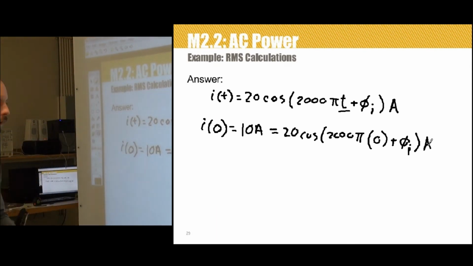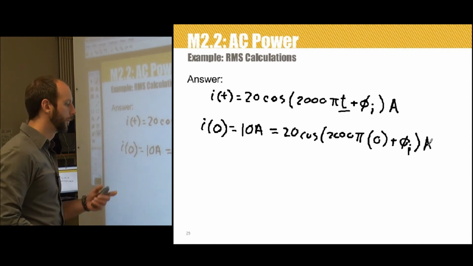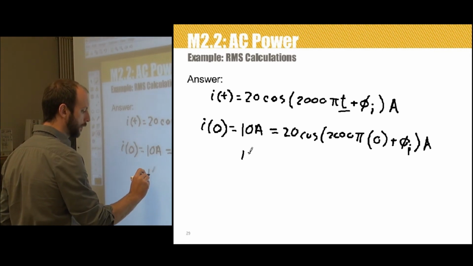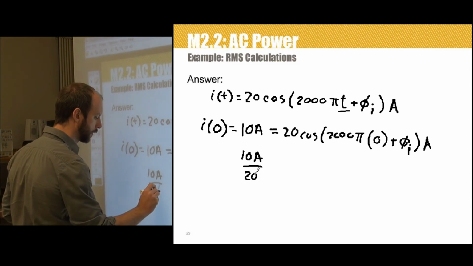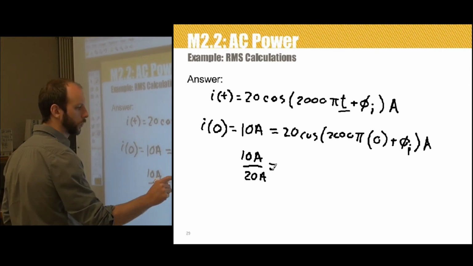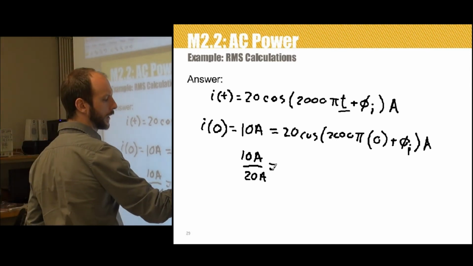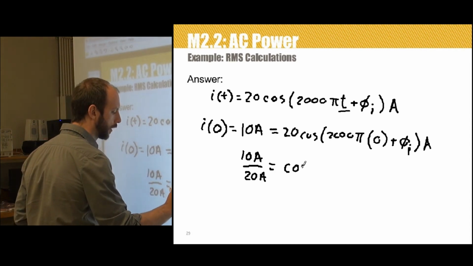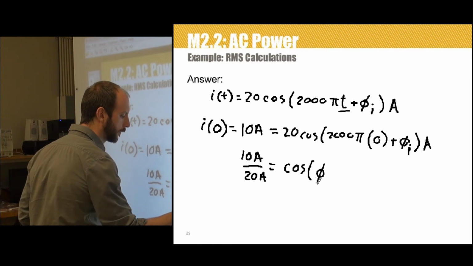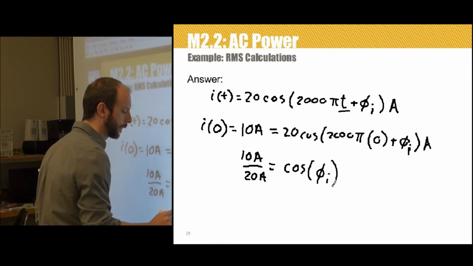So what's going to happen here? We get 10 amps over 20 amps equals cosine of 2000 pi times 0 plus phi. That just simplifies to cosine of phi sub i.